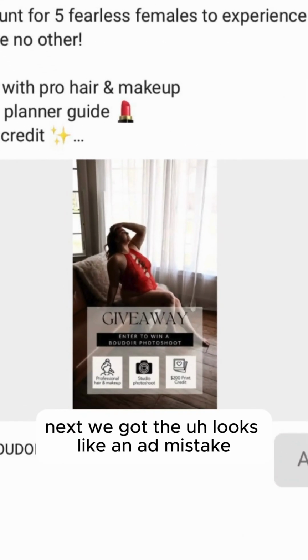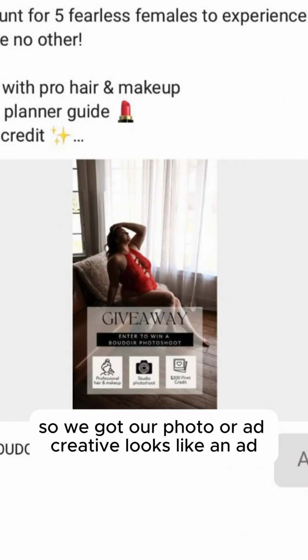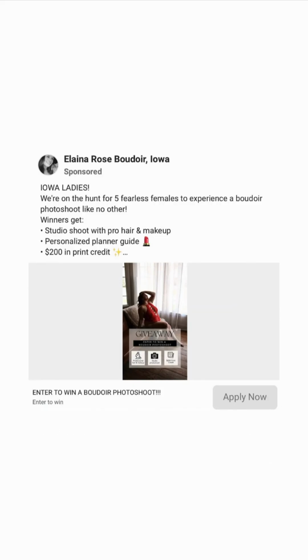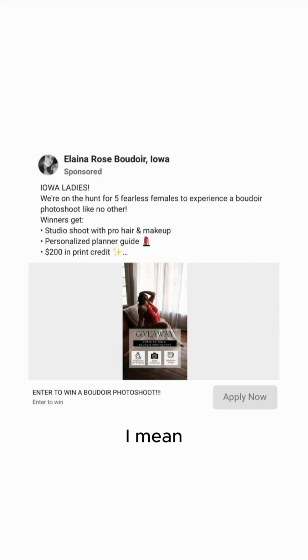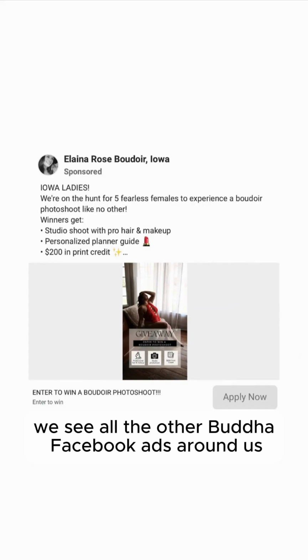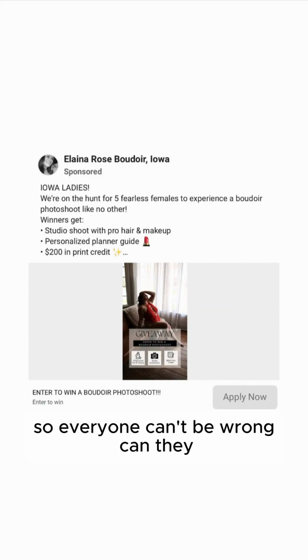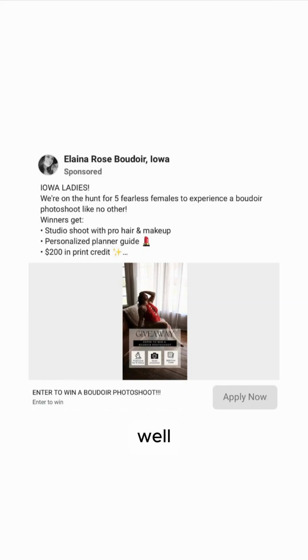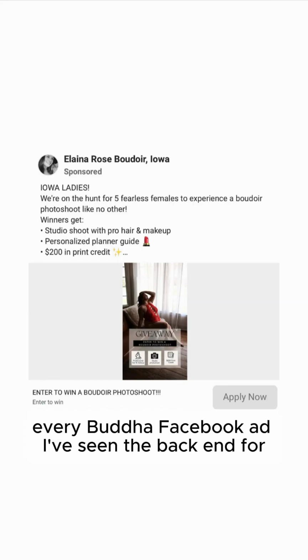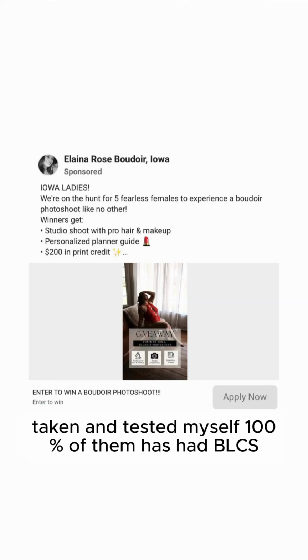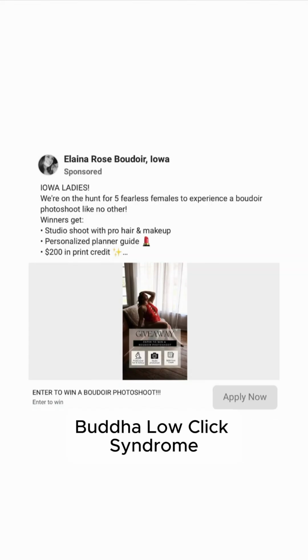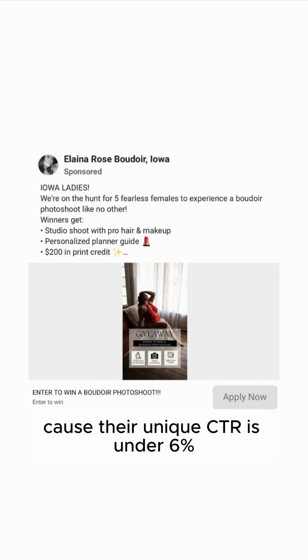Next, we got the looks like an ad mistake. So we got our photo or ad creative looks like an ad. The false belief that causes us to make this mistake is, we see all the other boudoir Facebook ads around us. They all look like ads. So everyone can't be wrong, can they? Well, every boudoir Facebook ad I've seen the back end for or tested myself, 100% of them has had BLCS, boudoir low click syndrome, because their unique CTR is under 6%.